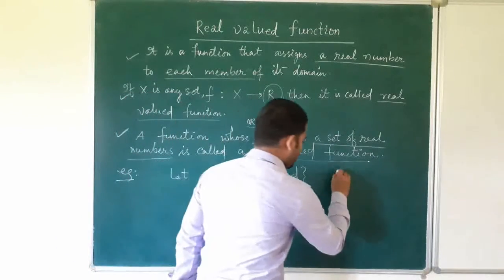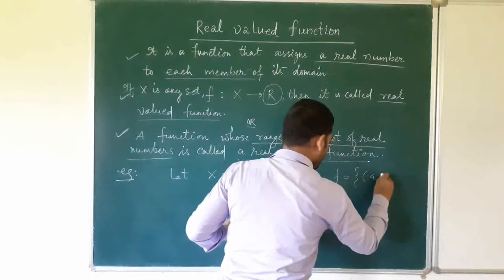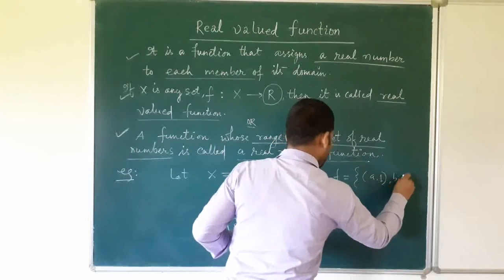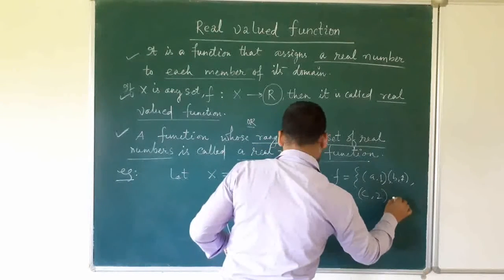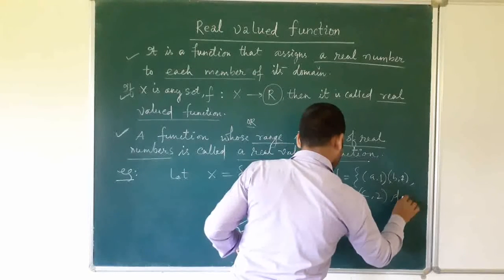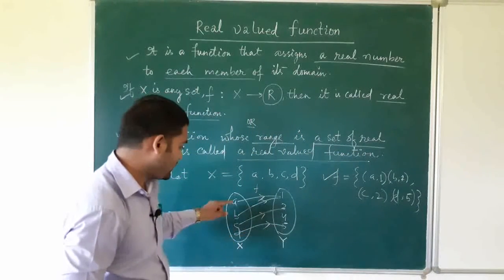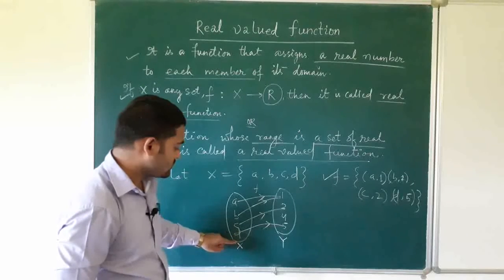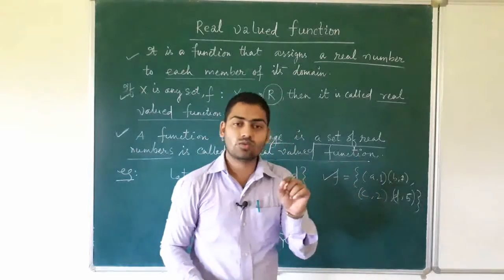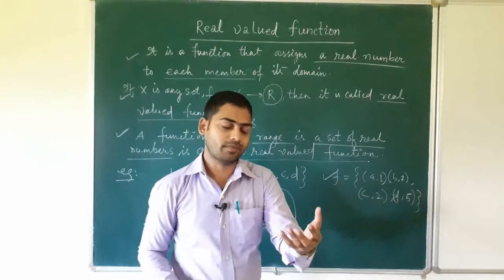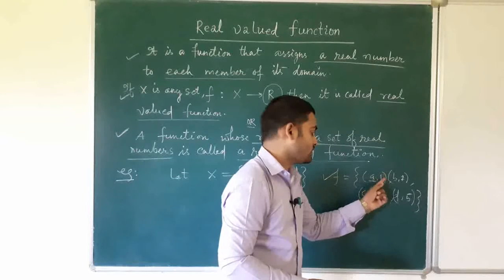So the function f is: A to 1, B to 1, C to 2, D to 5. Here you see, every element of set X is related to exactly one element of set Y. A is related to exactly one element, that is 1.